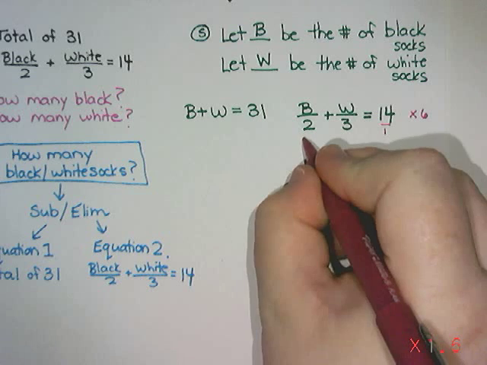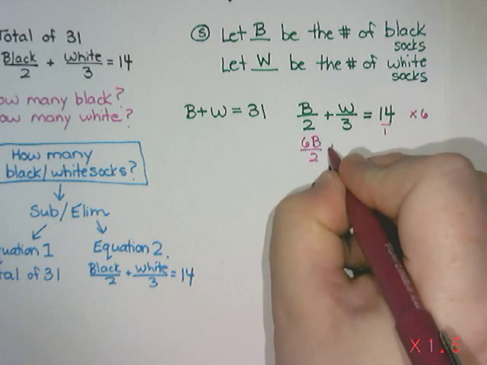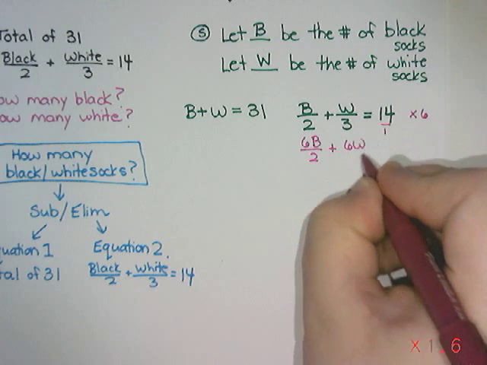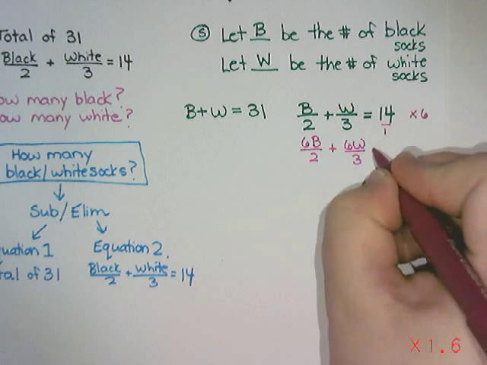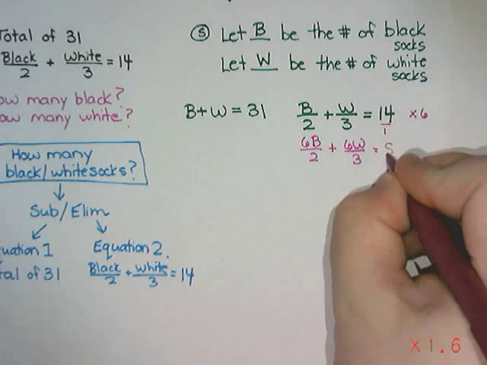And I'm going to end up with 6b over 2 plus 6w over 3 equals 14 times 6, 84.